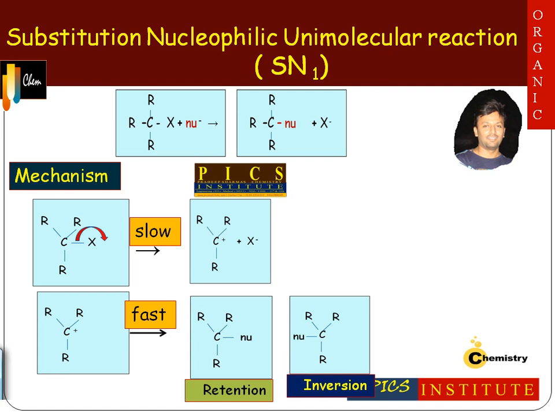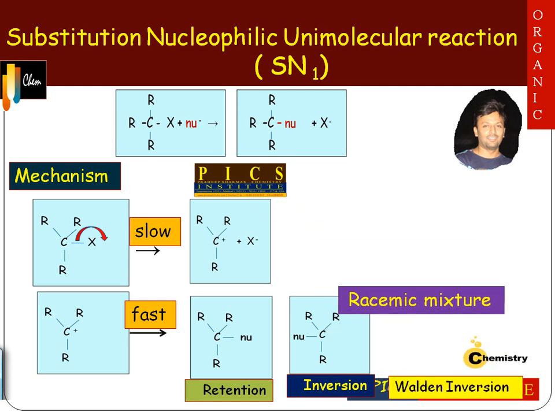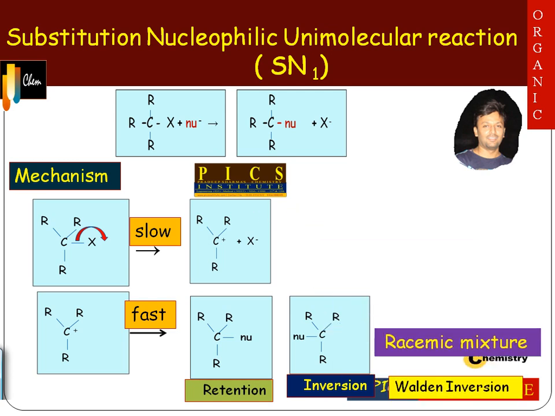If the initial compound possesses R configuration, then in the final product we have R as well as S configuration. Such a mixture is also called a racemic mixture. So this is one of the important aspects of the SN1 reaction, that it results in the formation of a racemic mixture.